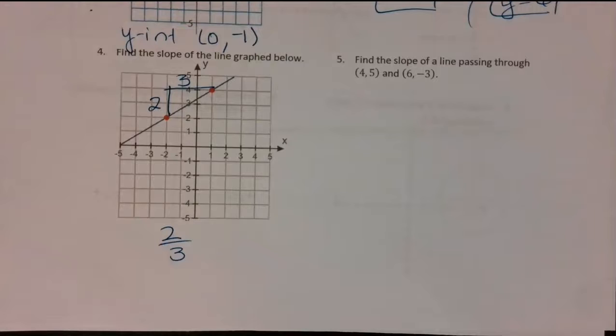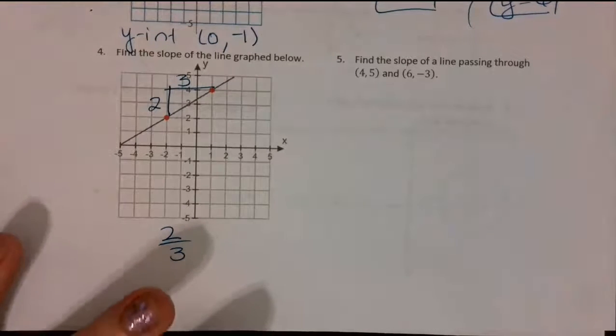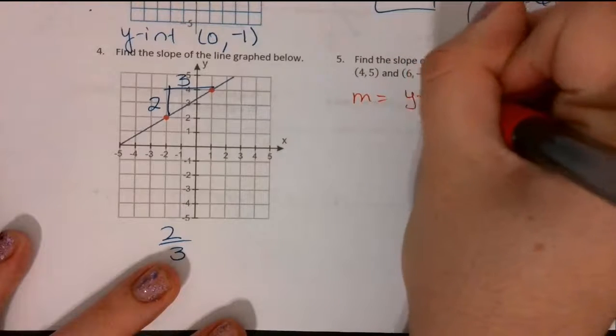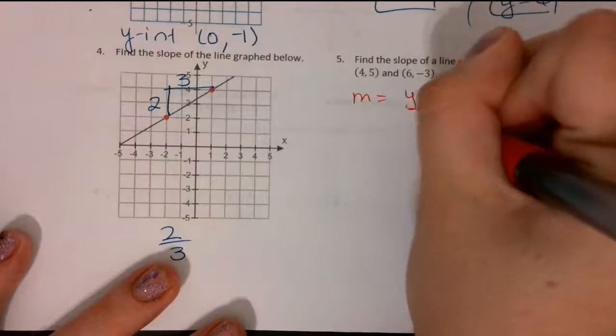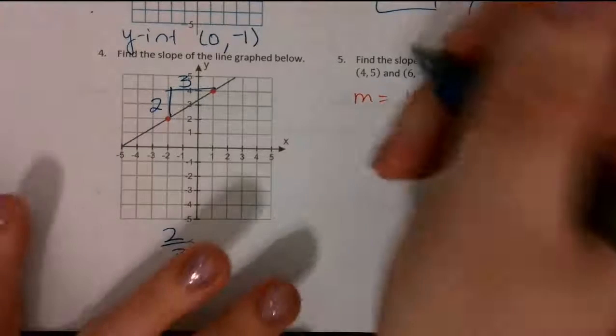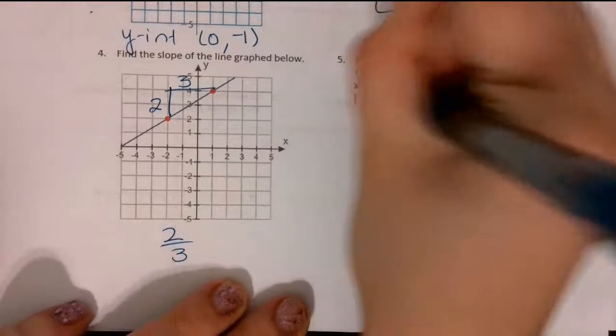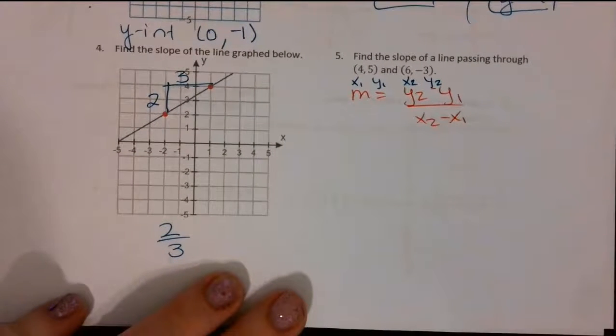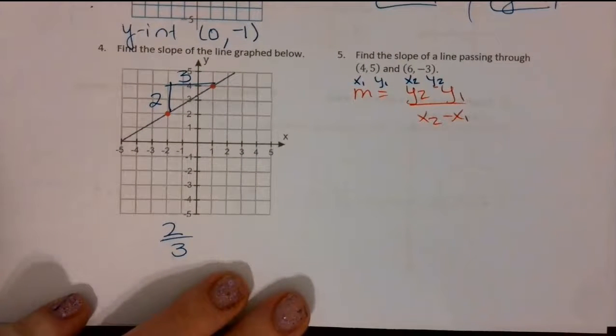Number 5 wants me to find the slope of the line passing through those 2 points. Remember, my slope formula is m equals y2 minus y1 over x2 minus x1. Then what I want to do is label my points. This is going to be x1, y1, x2, y2. I'm going to plug into the formula.